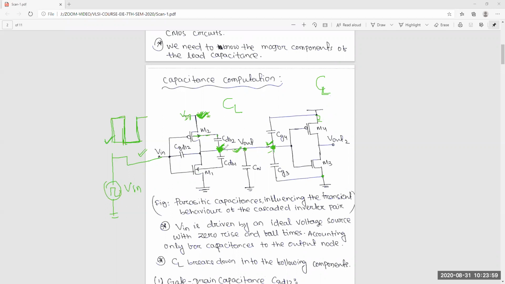And the next thing is this wire capacitance. This wire, in the circuit you are seeing it, but in reality it's nothing but a layout. So you know the layout of an inverter. Suppose for an inverter, this is your transistor.